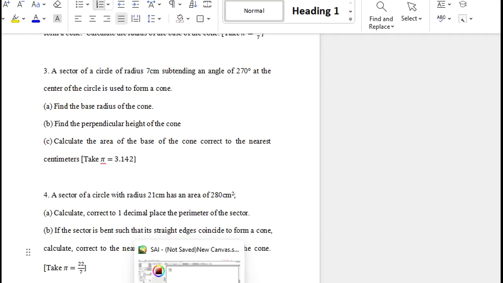But in this case, the issue of cone and sector problem has been set. So be careful with your parameters. In this case, my capital R will be for the radius of the sector, while my small r will be for the radius of the cone.